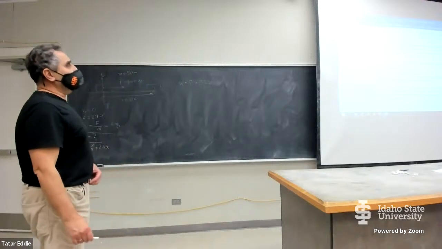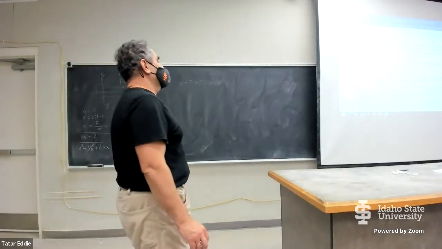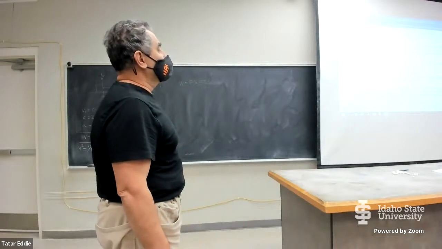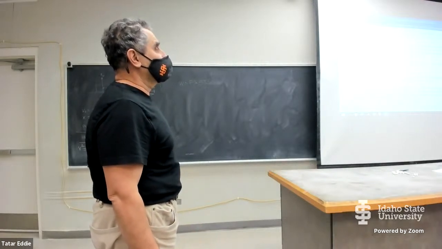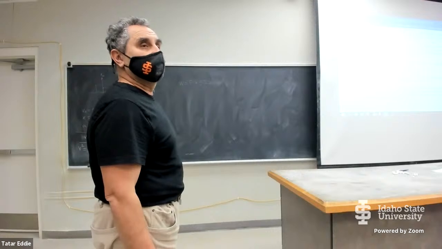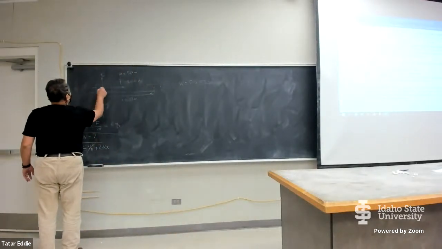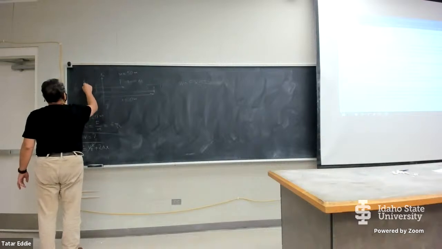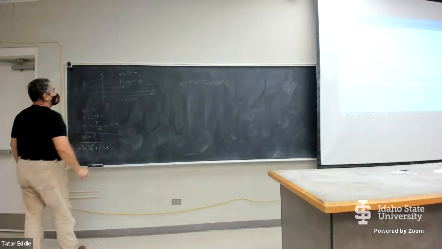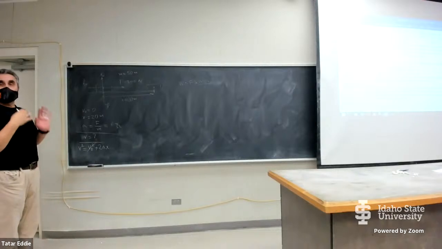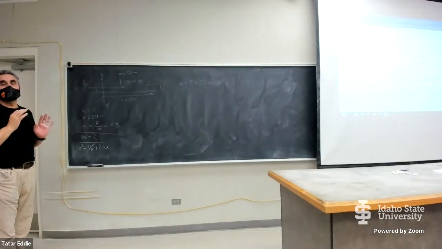And part C, the coefficient of friction now to keep the crate moving at a constant speed. So now you have friction, some kinetic friction because you're still moving, but now at a constant speed.